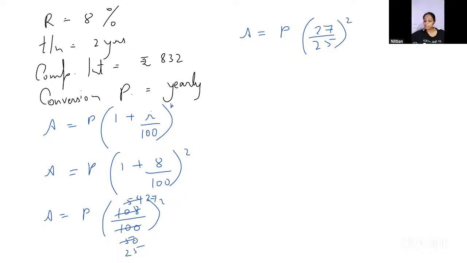Then A is equals to, we solve 27 times 27, 25 times 25. Your 27 times 27 becomes 729. So 729P upon 25 times 25 becomes 625. This is your first equation. Okay, first equation.